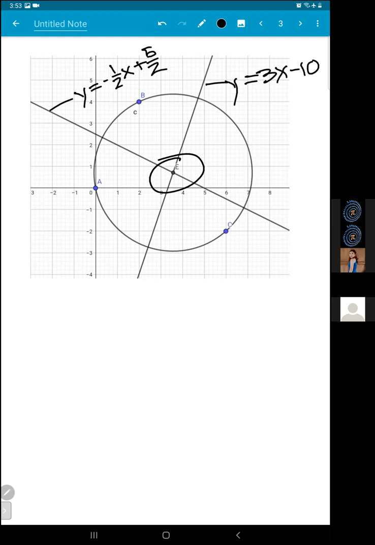Now we only have the equations of the two lines, so we must solve for their point of intersection, and that is by solving the resulting system given by their equations.